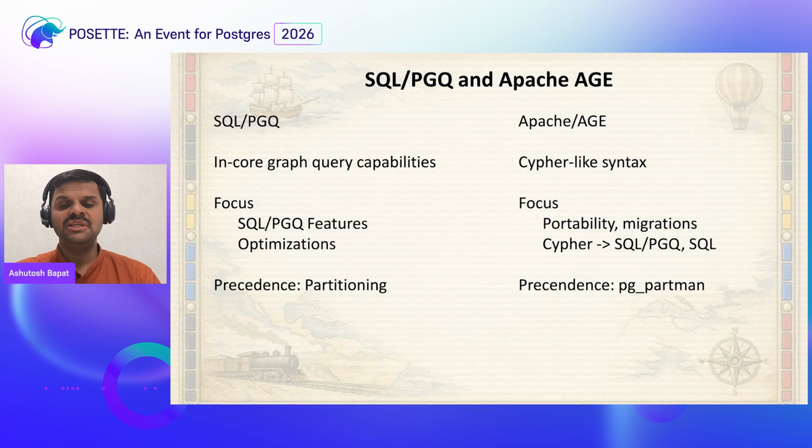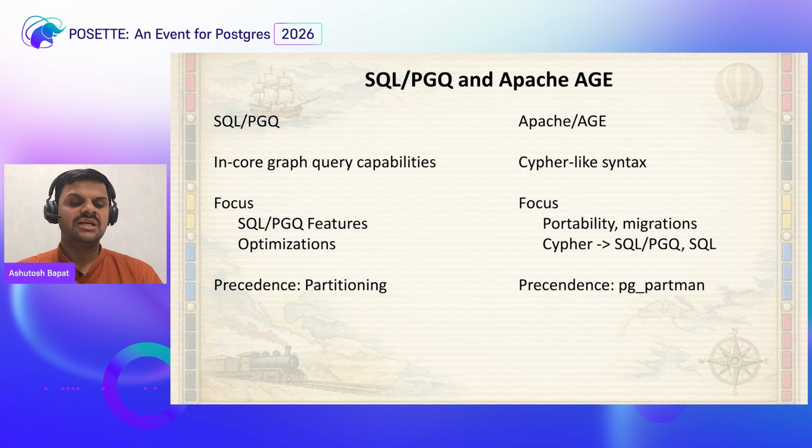Those who have been using PostgreSQL for their graph applications must be familiar with Apache AGE, which is an extension providing graph query facility on top of PostgreSQL. A natural question is, what happens to Apache AGE once SQL PGQ lands in the core? I think they have a very good symbiotic future.